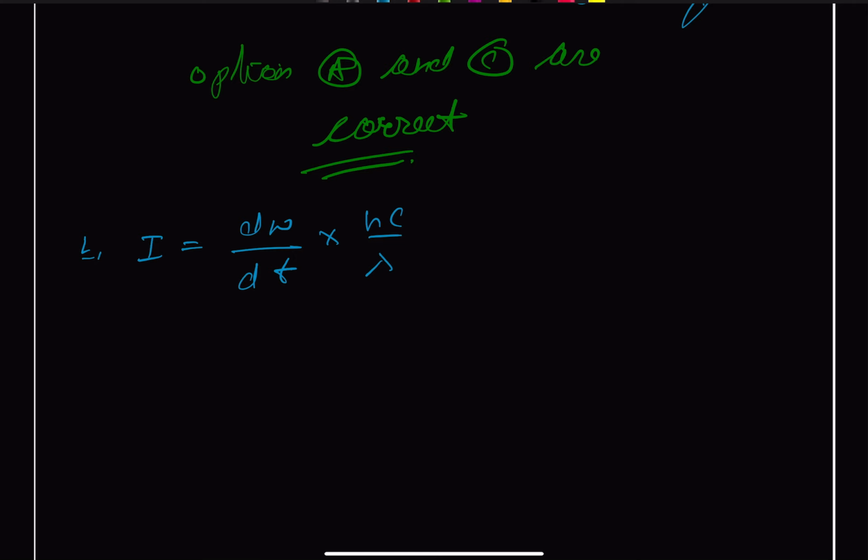So as dN by dt decreases, the intensity decreases.